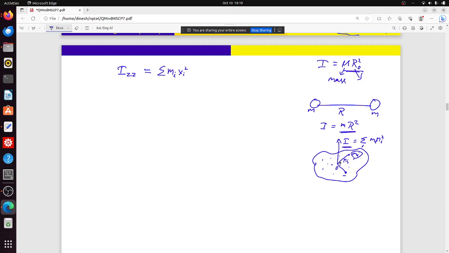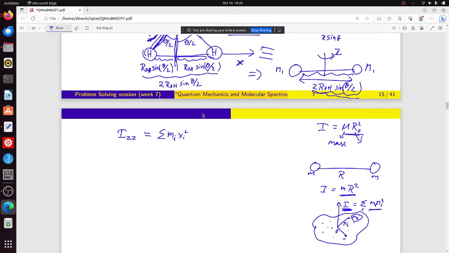You want to calculate the moment of inertia with respect to some axis, so from that axis, how much distance the particle is and what is the mass of the particle. So the total moment of inertia will come from all the masses and their distances from the reference axis.